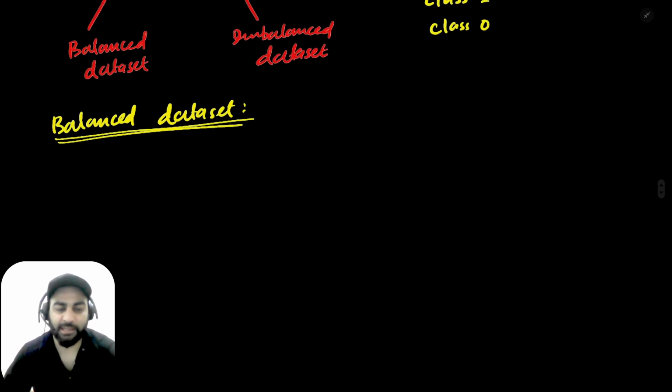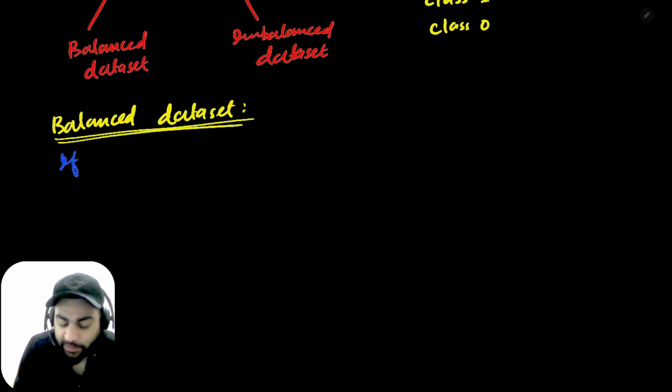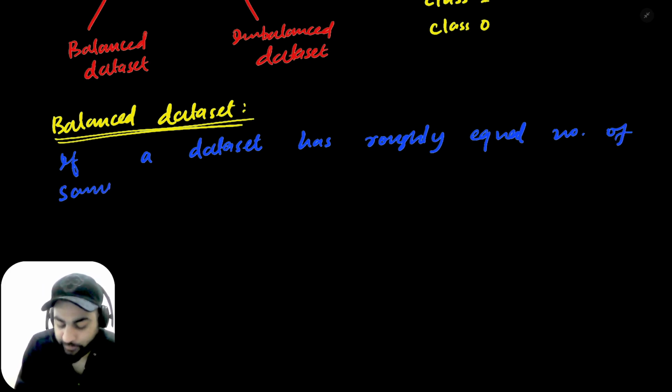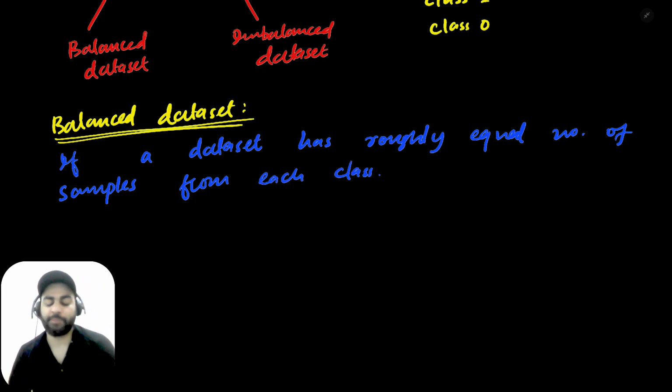So what is a balanced data set? If a data set has roughly equal number of samples from each class, this is called a balanced data set.